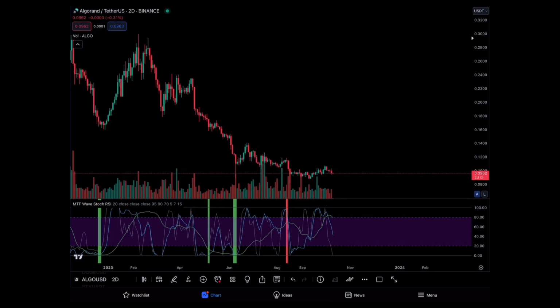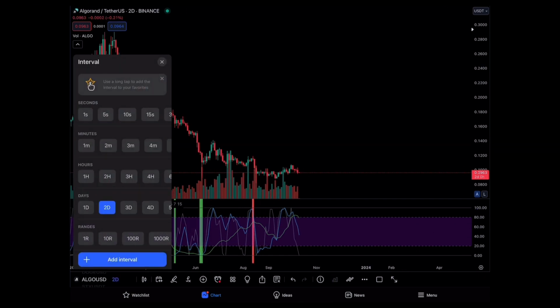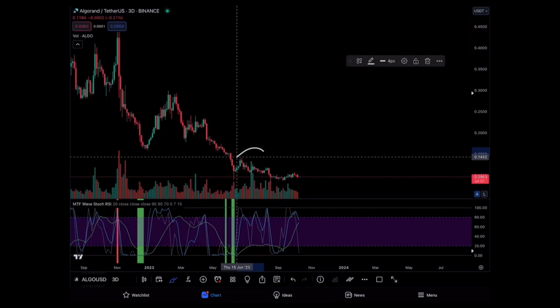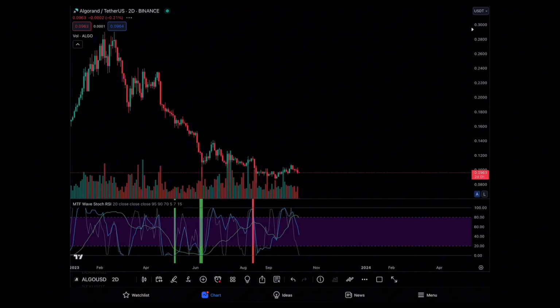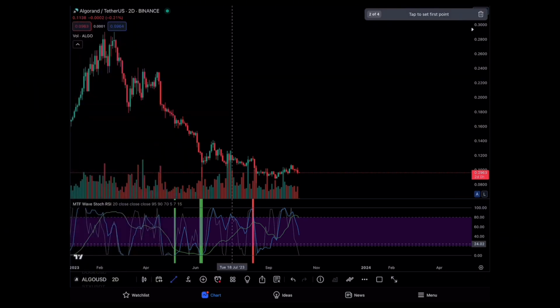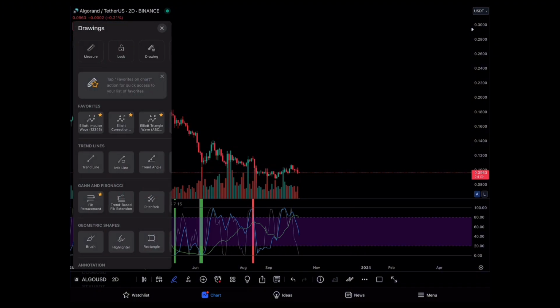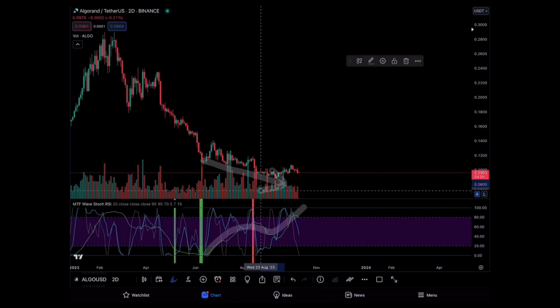Yeah, I'm not really seeing much unless we are going to be looking at this whole, like here, for example, on the 2 day and 3 day, it seems like you can see this whole wave as one, and it's currently diverging on both the 2 day and the 3 day, because on the 2 day you can see this green curve diverging, because in general it's going up while the price is going down.